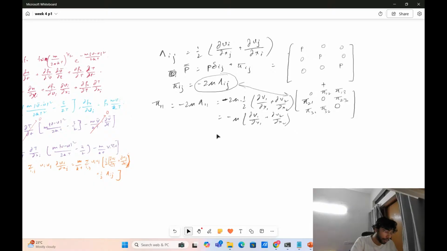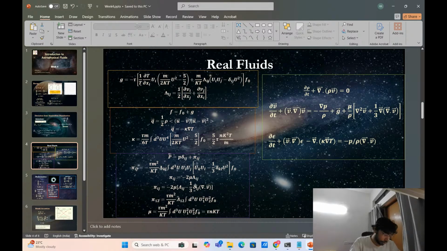So in order to have this pi matrix as a traceless matrix, we define pi ij as minus 2 mu lambda ij minus 1 by 3 del dot v delta ij.